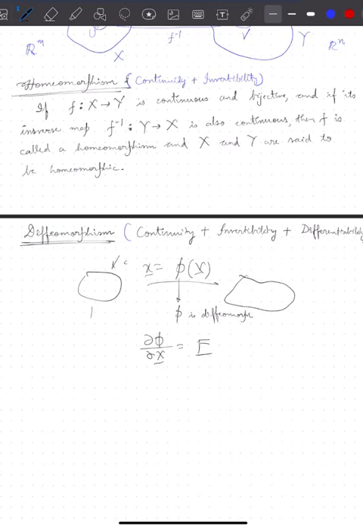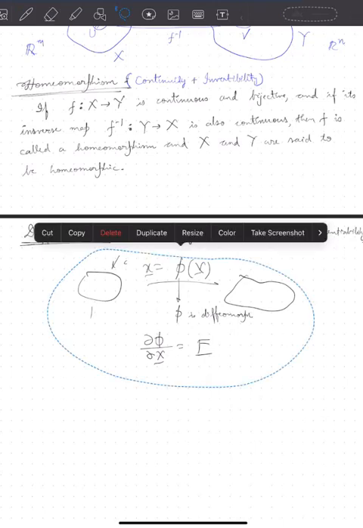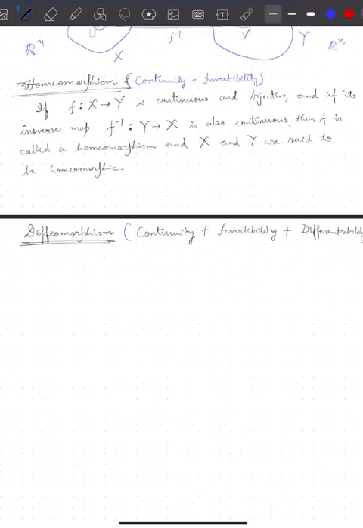So that's just an example of where we use diffeomorphism. Right? So now we are in a situation where we can mathematically, rigorously define what we mean by a surface. So, definition of a surface.